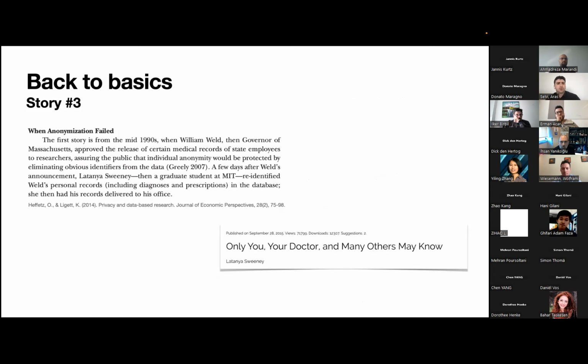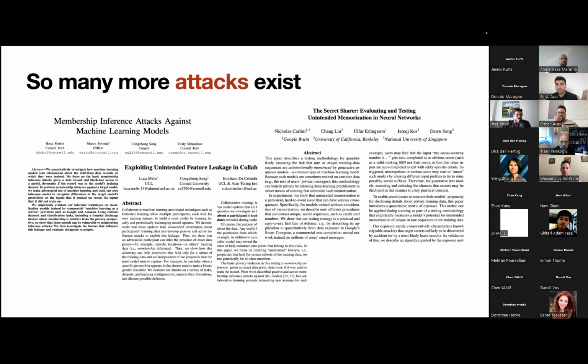And the third story is from the 90s, when the Massachusetts governor was diagnosed with a disease which he never revealed to anyone, but he received a get well soon card. And these three are some very basic examples of how anonymization can go bad. But there are more sophisticated attacks in our literature.